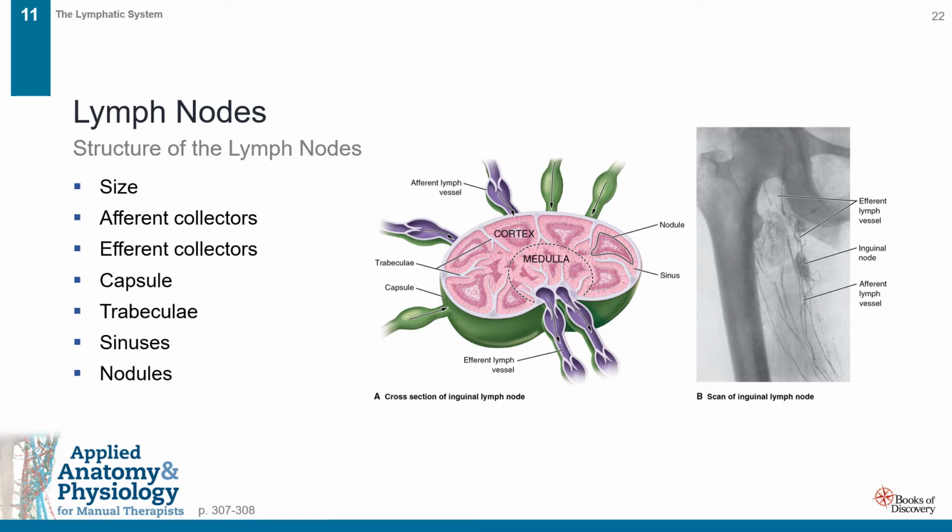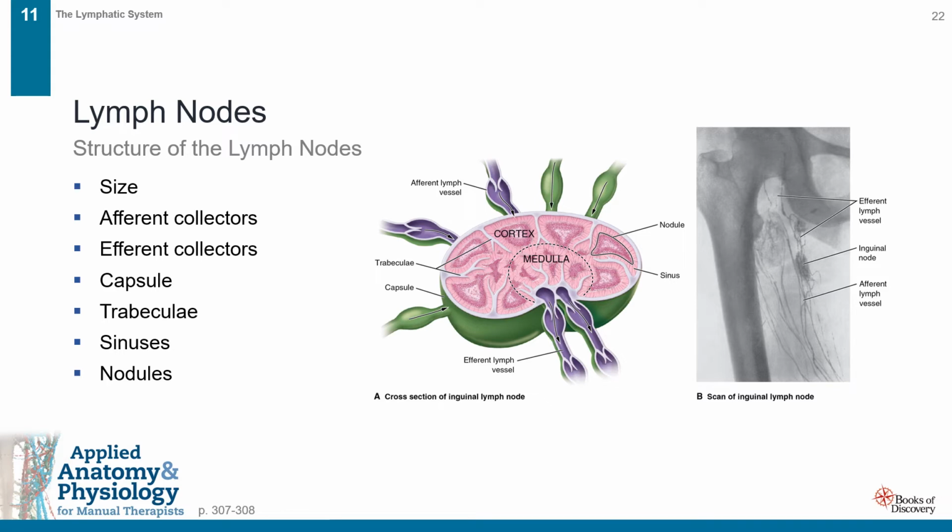A tough connective tissue covering called a capsule surrounds each lymph node. Projections called trabeculae extend from the capsule to the inside of the node, dividing it into compartments known as sinuses.